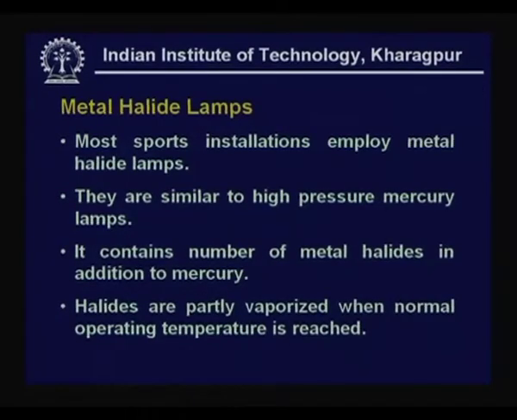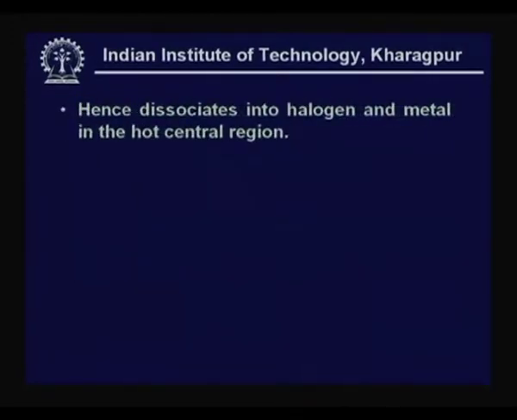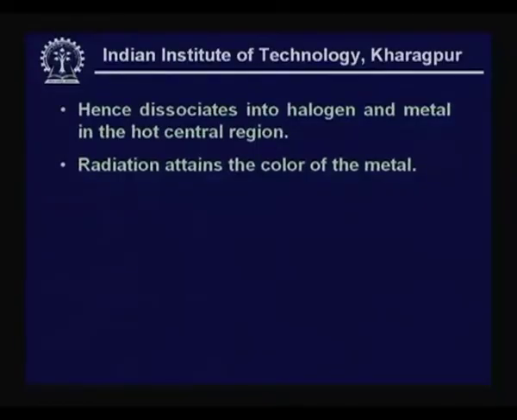By the addition of these, the halides are partly vaporized, and because of this they dissociate into halogen and metal in the central region, the core, which is hot, and therefore the radiation attains the color pertaining to the metal.